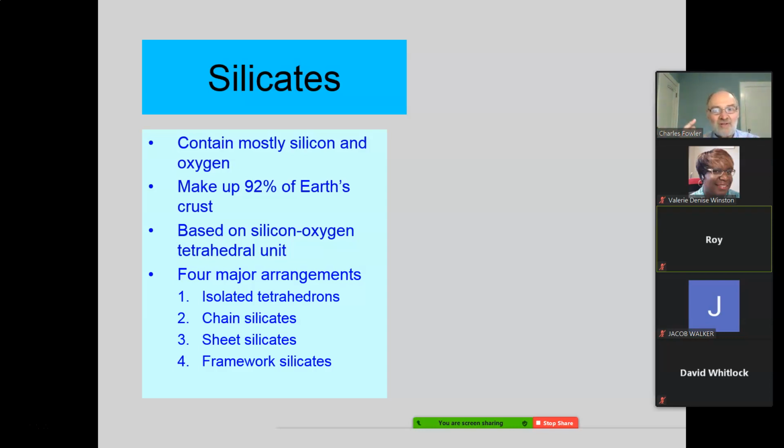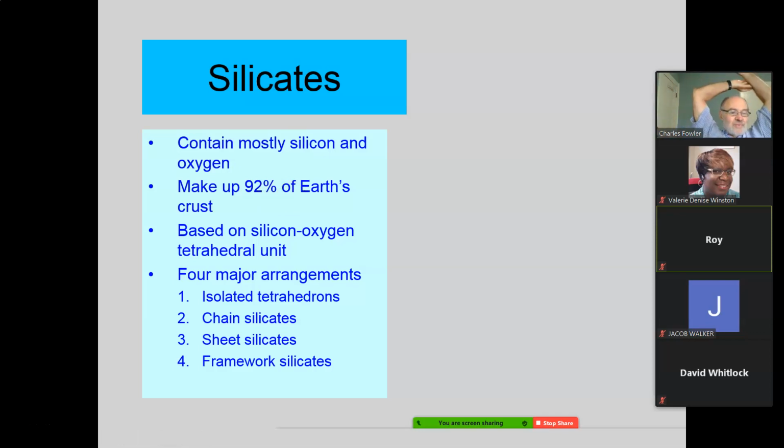And basically a silicate, as it says here, contains mostly silicon and oxygen, and it's usually 1 part silicon to either 2, 3, or 4 parts of oxygen. So oxygen dominates these silicates. However, they're called silicates. The ATE means oxygen is there. These silicates make up 92% of the Earth's crust.